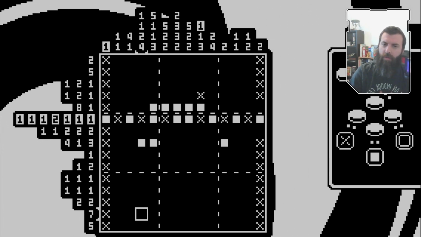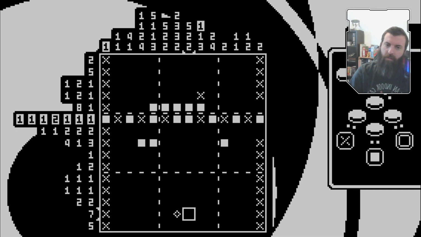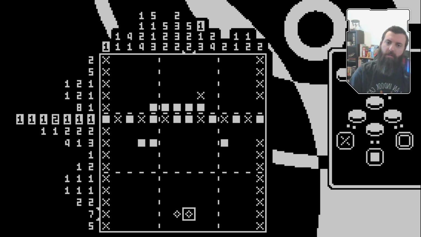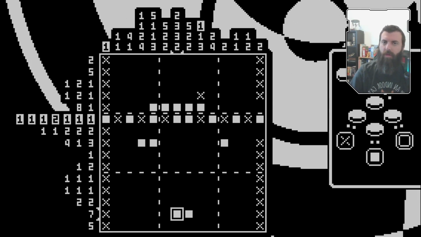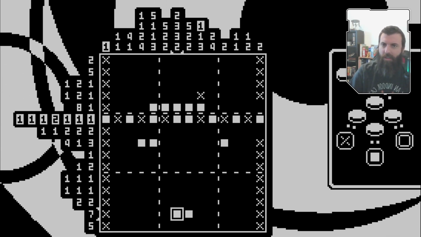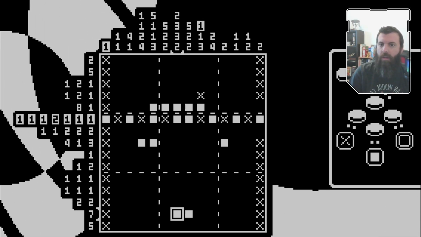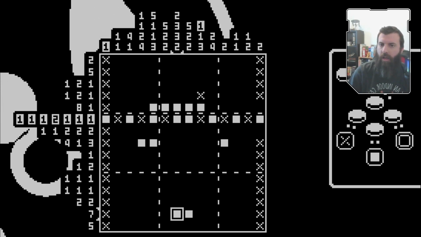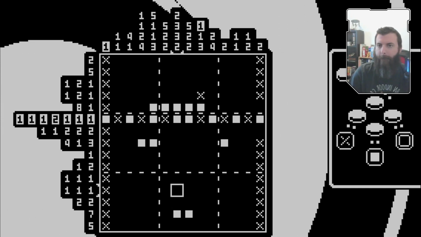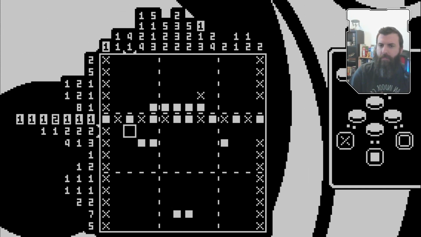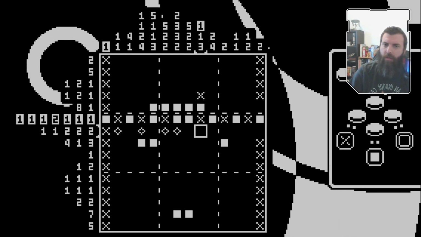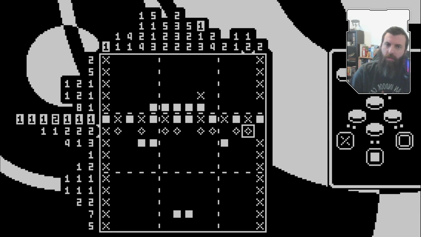1, 2, 4, 5, 6, 7, or 1, 2, 3, 4, 5, 6, 7. 7 we know is going to be filled in here. Doesn't quite as much as I'd like, but it's 1 space 1 space 1, 2 space 1 space 1, 2.